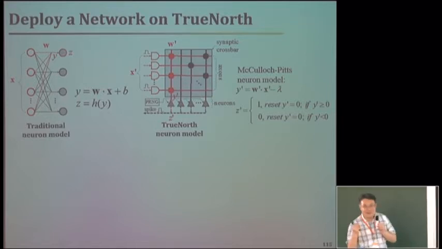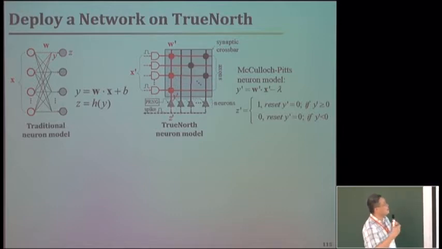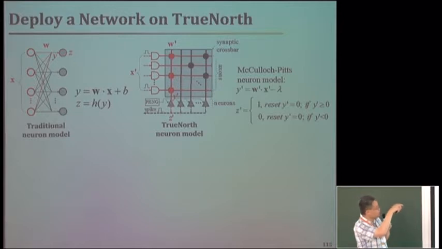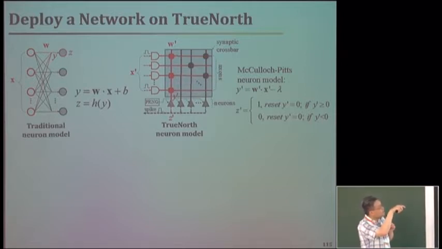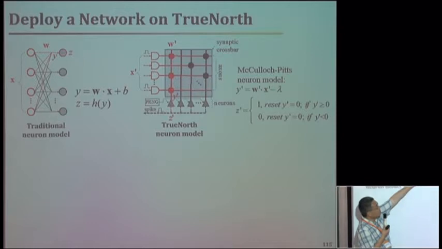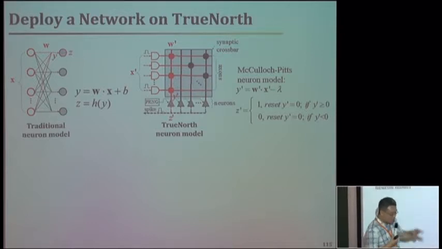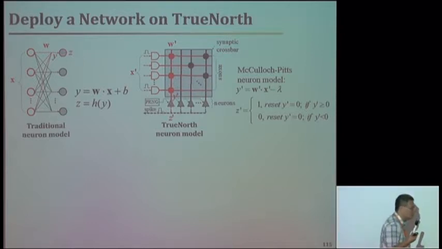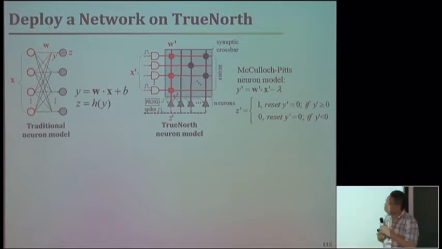In the neural network, Y is the output from the synapses, and the input of the activation neurons equals the weight times the input plus the bias. We then generate the output, which is the activation function of Y. All of them are floating point values.